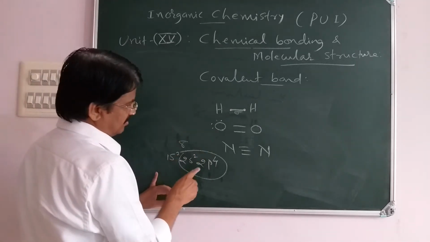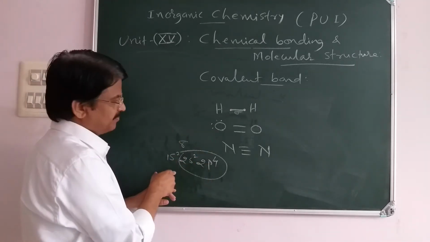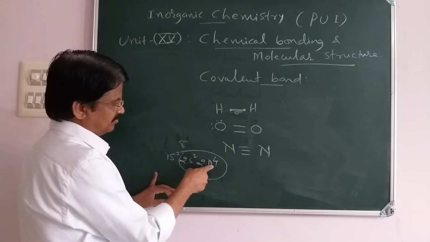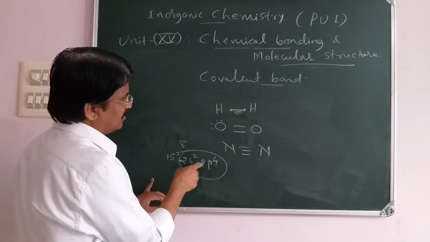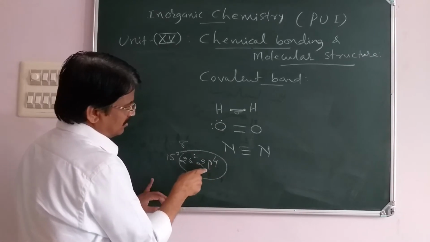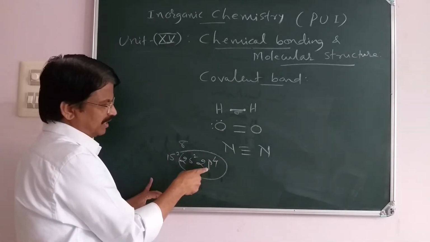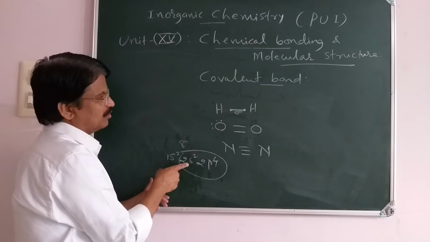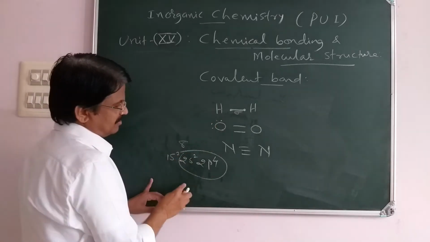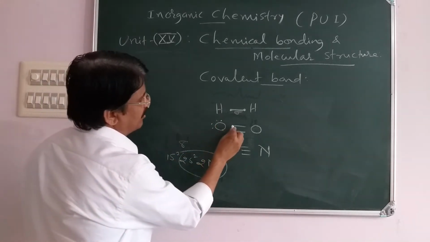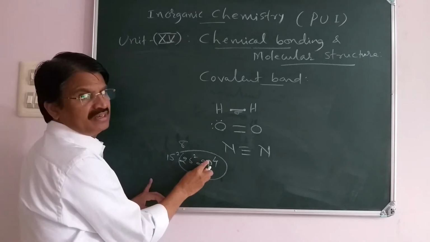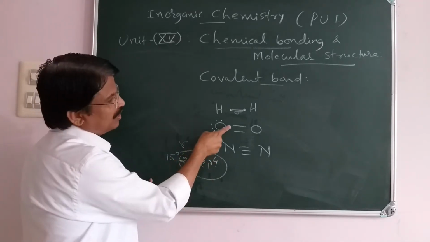Out of 8, how many are valence electrons? 2 plus 4. Then in the p orbital, one is a paired electron, and here one more paired electron. Next, there is formation of a bond, but total electrons are 6. Out of 6 electrons, 2 are involved in the bonding.